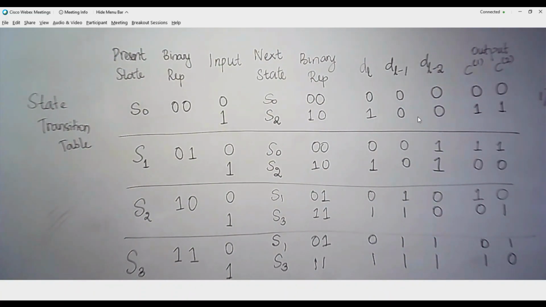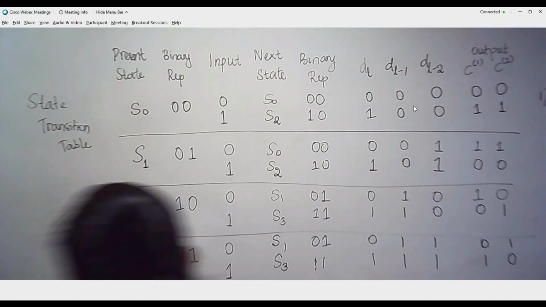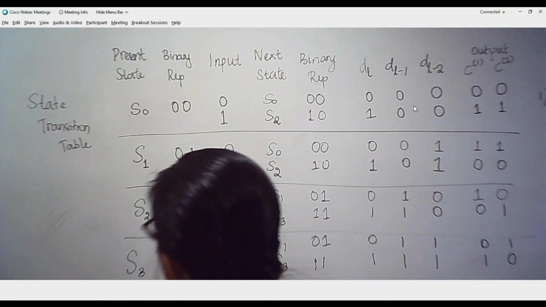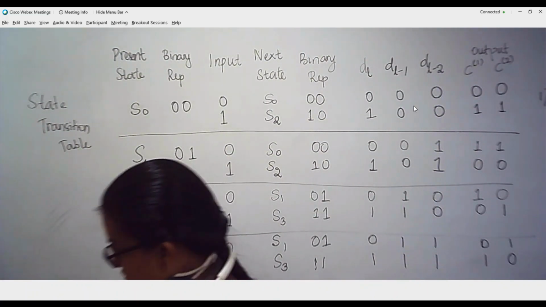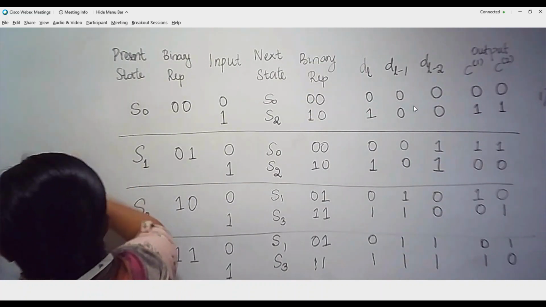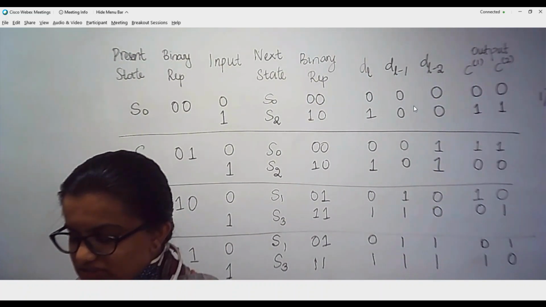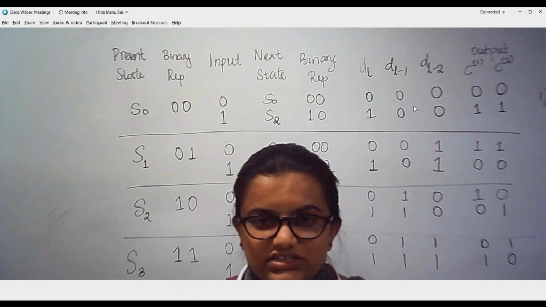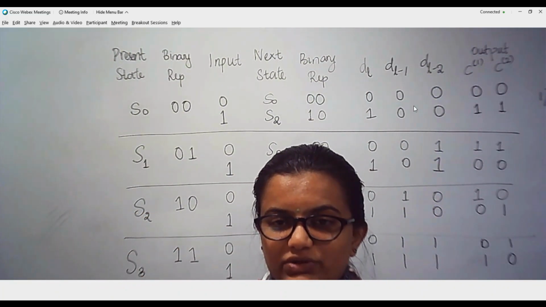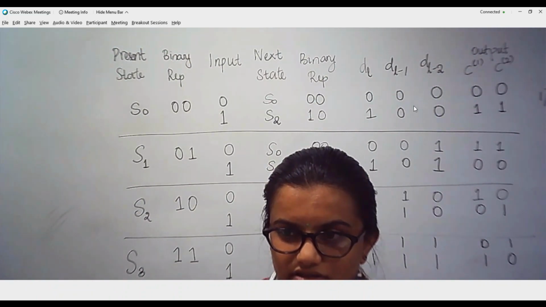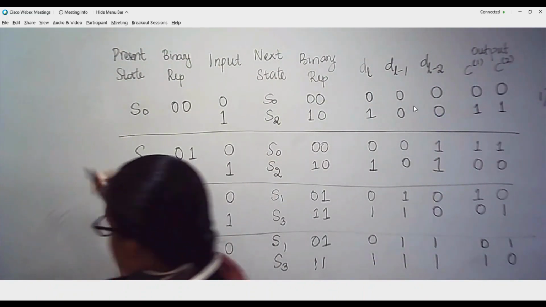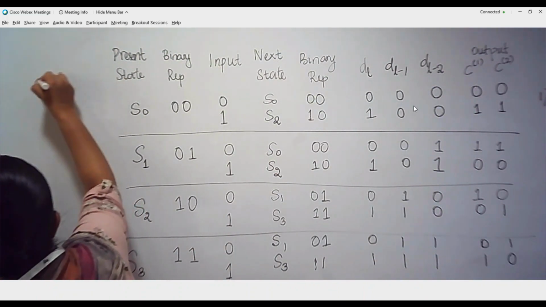Let me go to the state diagram now. Shall we go to the state diagram? So what I'll do, I'll write it in this space. State diagram. As you know, state diagrams are always written with respect to the transition, and we are going to represent each state as a circle and name it, something like this.